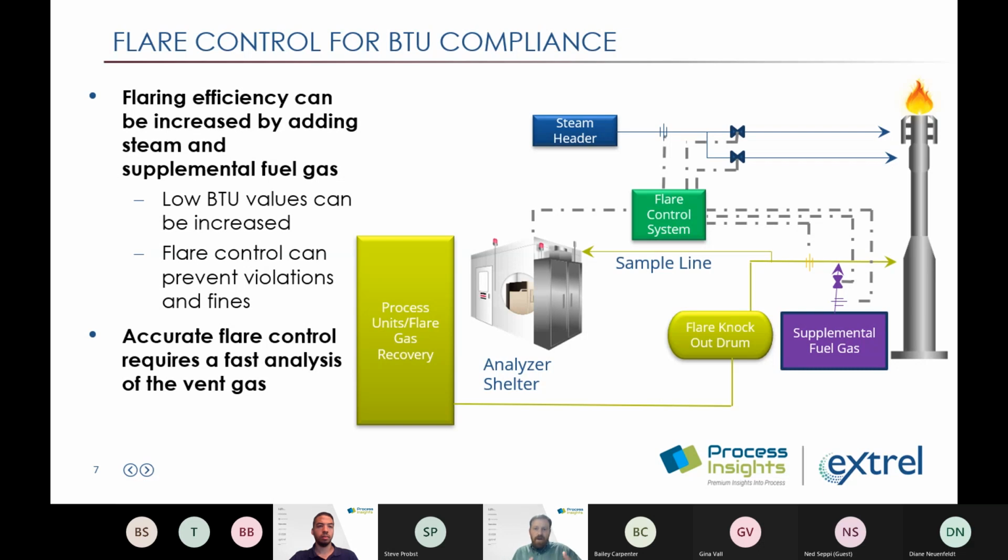Many of them run on automated algorithms that ensure peak performance from your flare, which also means that in the long run, you're saving money on steam and supplemental gas because you're applying the right amounts instead of over-steaming or applying wasteful amounts of fuel gas. So there are some real advantages to having a good real-time control strategy.